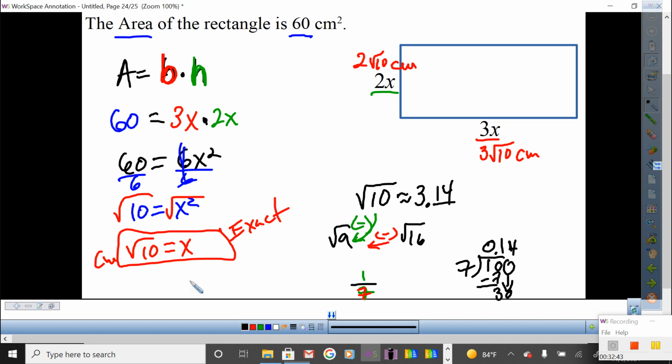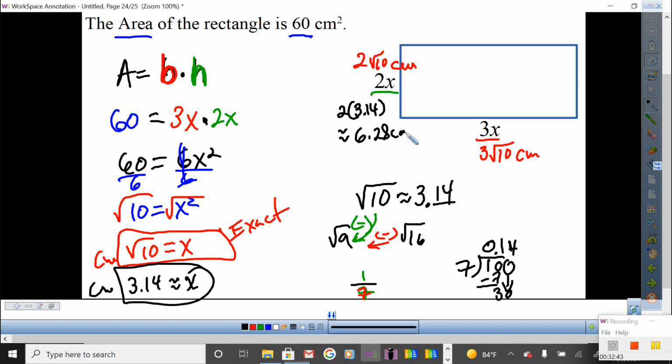All right. So this should be a piece of pie for home friends. Bam. X is approximately 3.14 in centimeters. So what would be the approximation here? 2 times what? 3.14, which is approximately 6.28 centimeters.